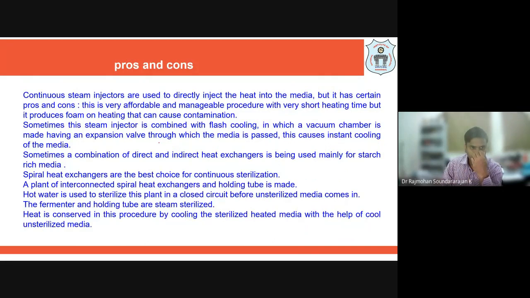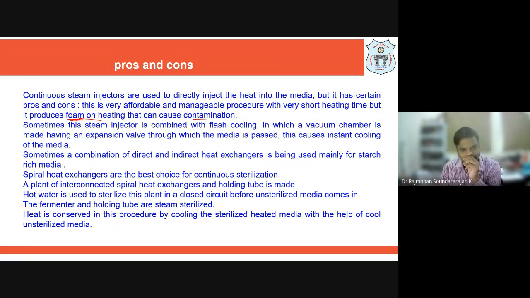For example, continuous steam injectors are used to directly inject the heat into the media. It is an affordable and manageable procedure with very short heating time, but it produces foam on heating that can cause contamination. So if you are heating it, there is a tendency to form foam, and in that case introducing the heat directly is difficult.